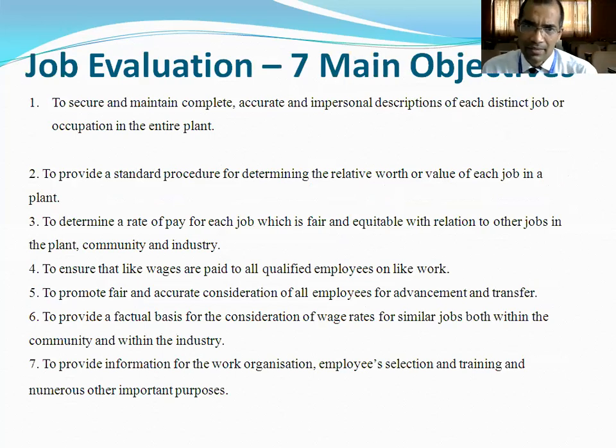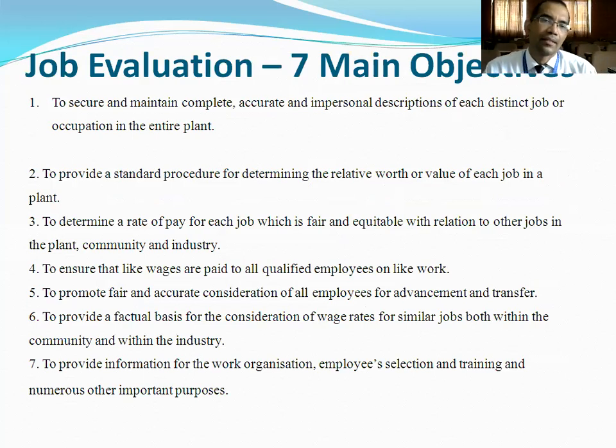Seven main objectives of job evaluation. First, to secure and maintain a complete, accurate description of each distinct job or occupation in the entire plant.